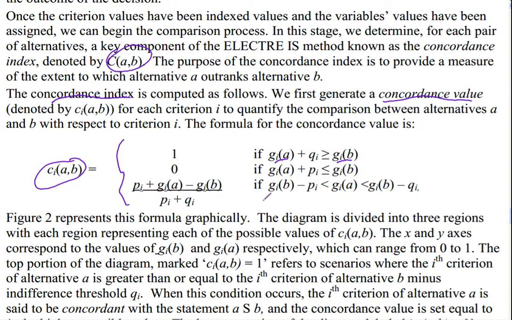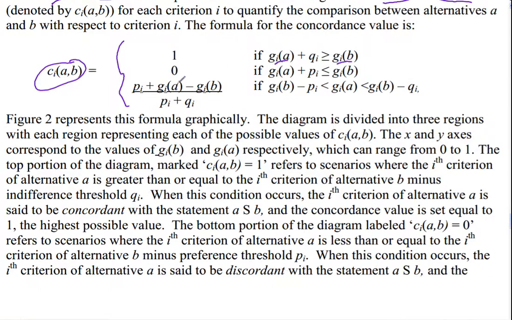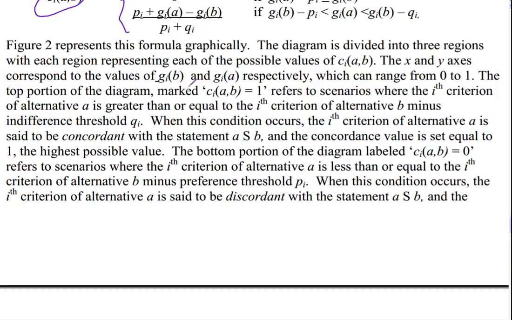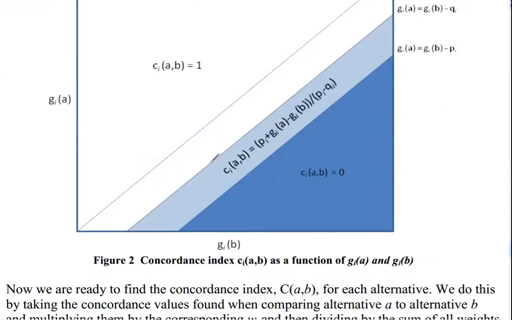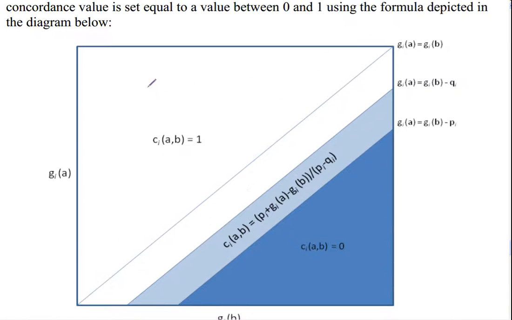Okay. Now I can represent this function graphically. This is actually a function of two variables, and you can see that according to the region, we're going to get a different rule for this function. So that's why we look at this diagram here. In this white region, the concordance value is 1.